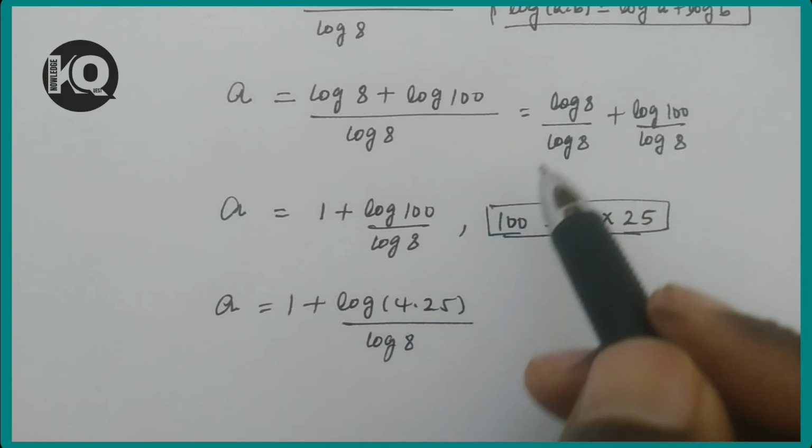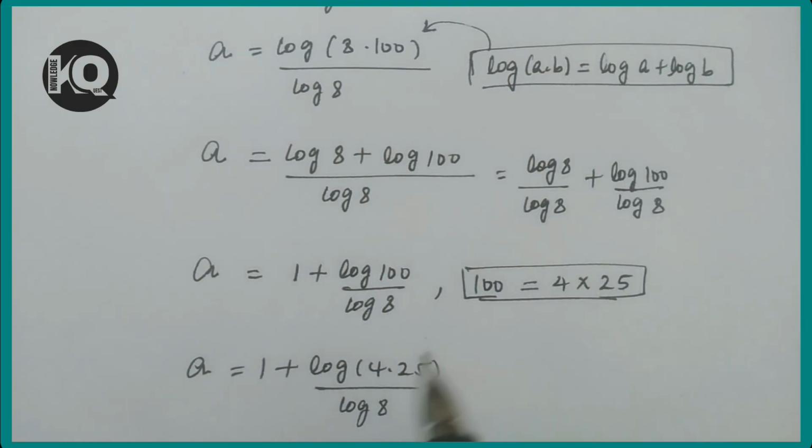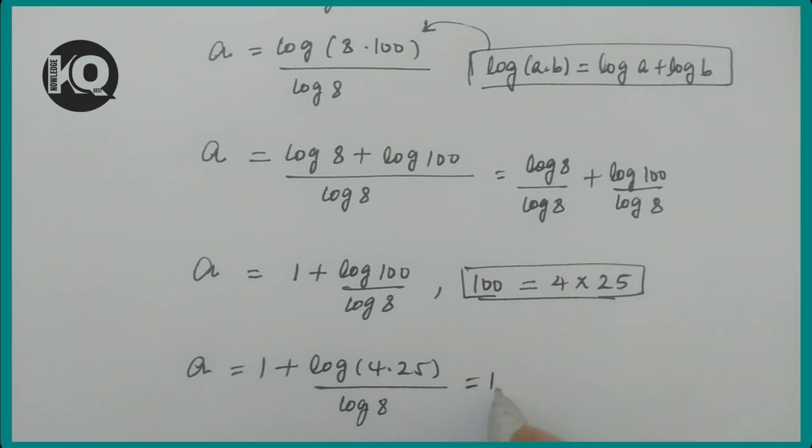Applying the rule, it will be 1 plus log of 4 plus log of 25 divided by log of 8.